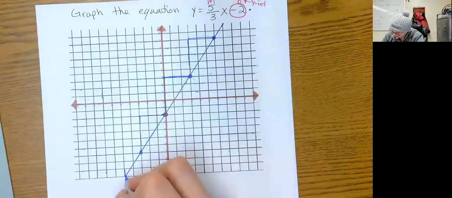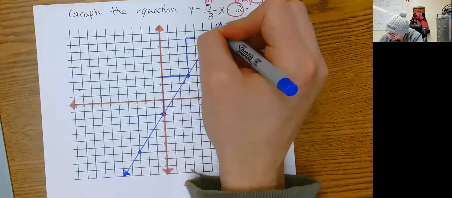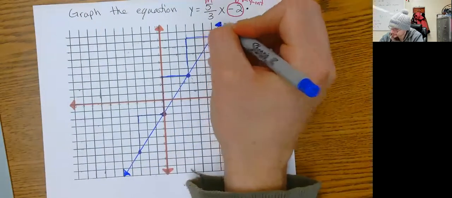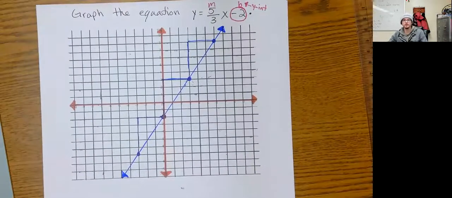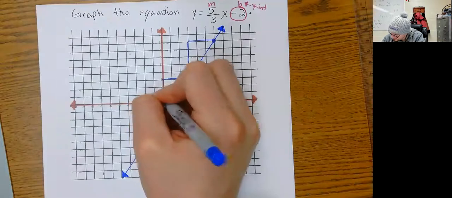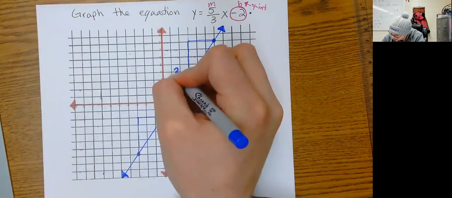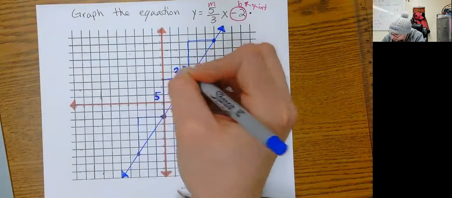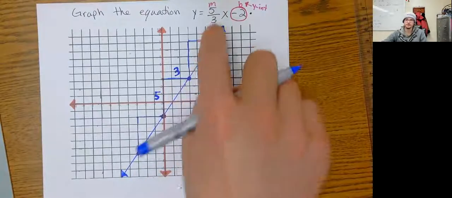All right. Looking good. So there's my line of that equation. I got my slope, which is up 5 over 3. All right. Up 5 over 3. And why is it up? Because it is a positive slope.